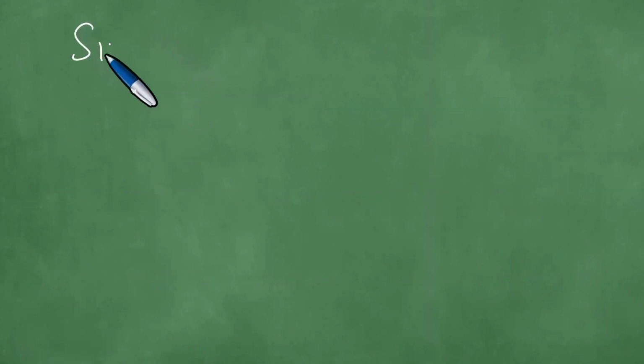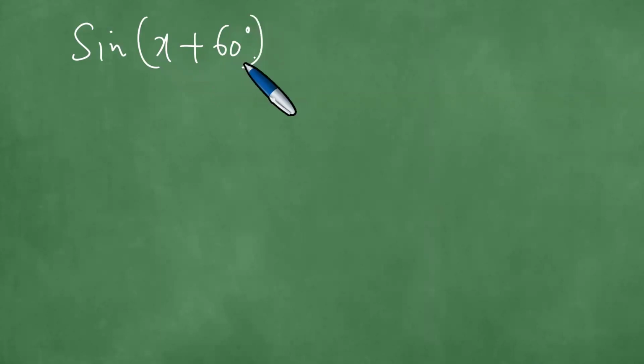Right, we are still considering the same problem, the sine of x plus 60 degrees, but looking at a different approach, and it is exactly the cosine of 1/2 x.